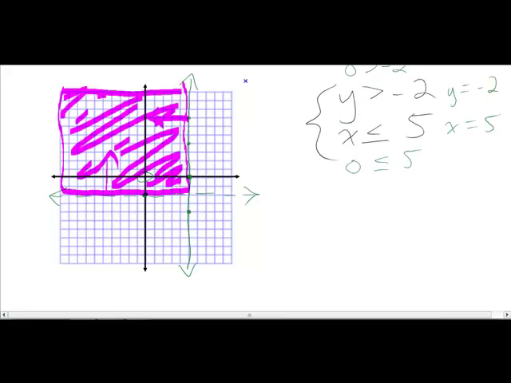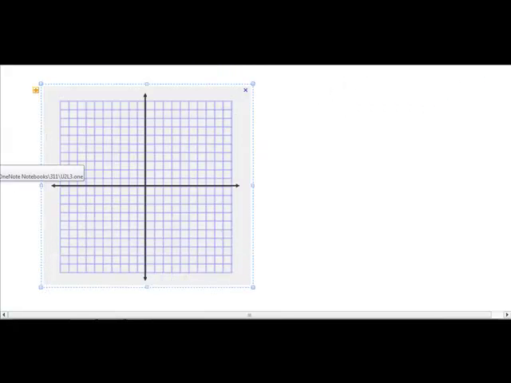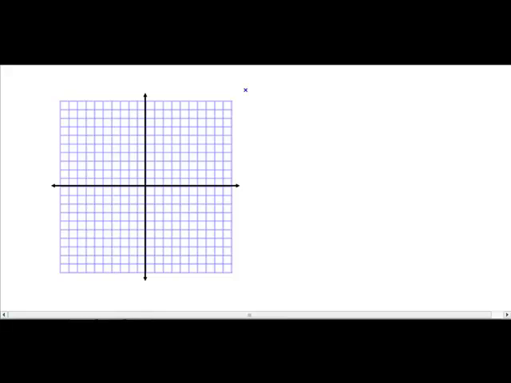Alright, let's look at one more and then I'll be done. Alright, let's look at a system that has y and x in both. Let me do something a little different.